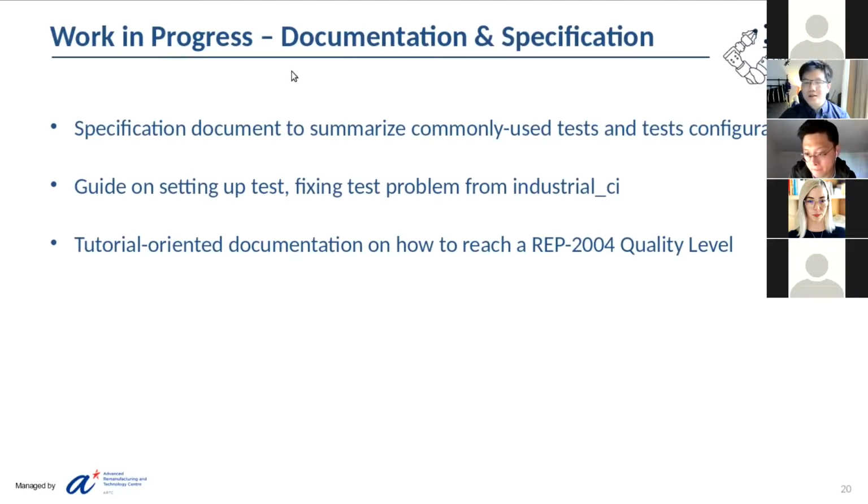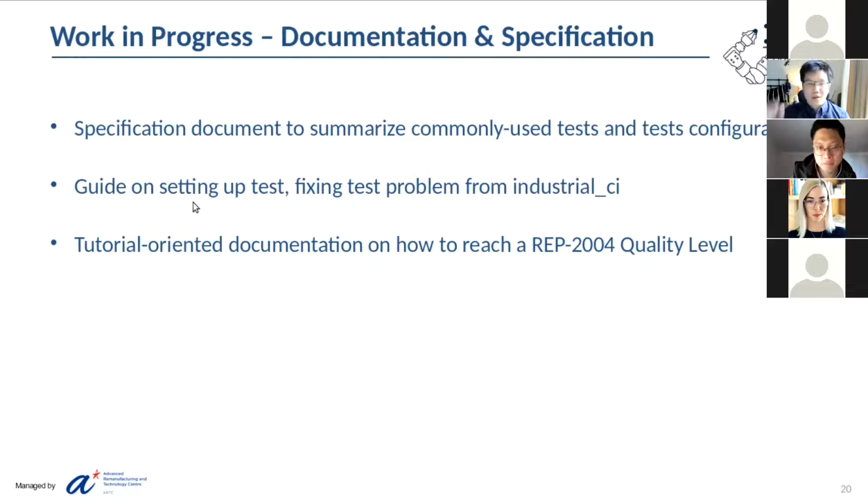There are still limitations on the documentation and specification side, especially on industrial CI. We are still working on the specification document to summarize commonly used tests and test configurations. And we're also updating the industrial CI documentation to provide step-by-step examples on how to set up tests and fix the test problems encountered by users of industrial CI.